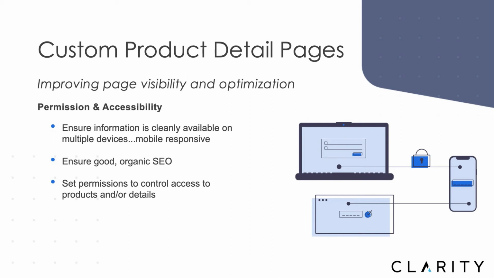Absolutely. So accessibility and mobile responsiveness are two heavily related topics nowadays. The concept behind accessibility is making sure that different readers and different devices can access the site properly. This is something that we really design in from day one.